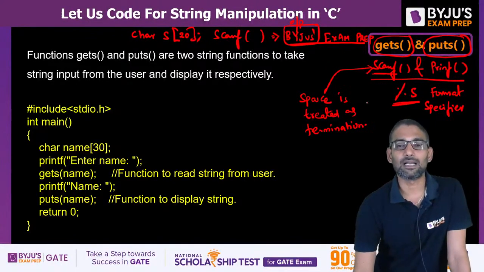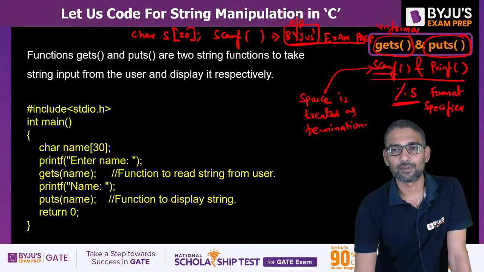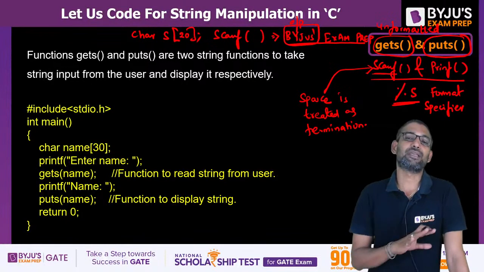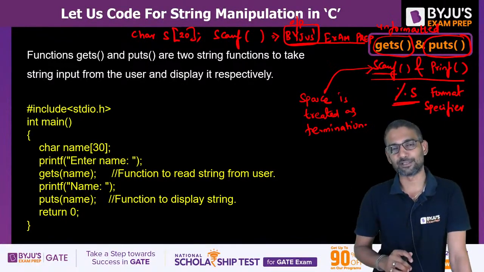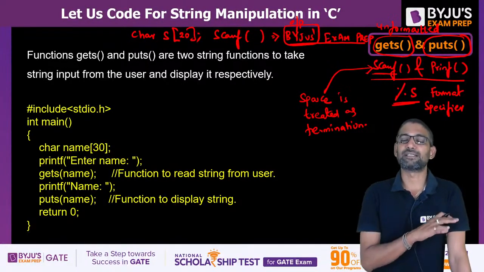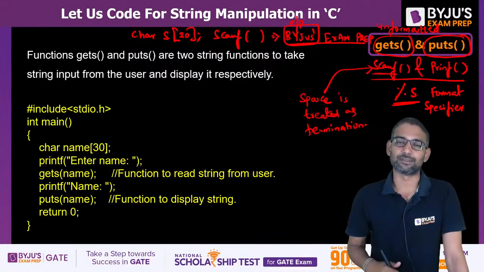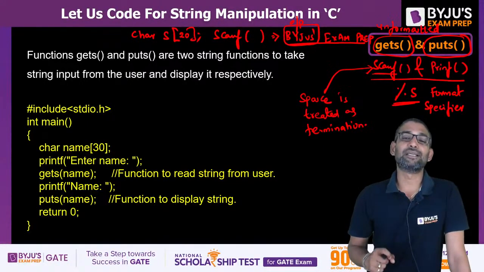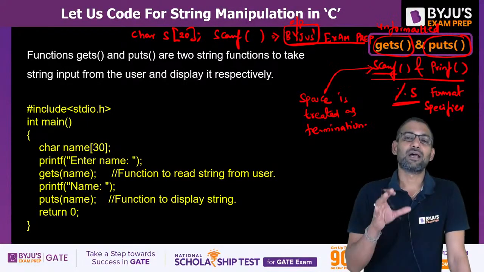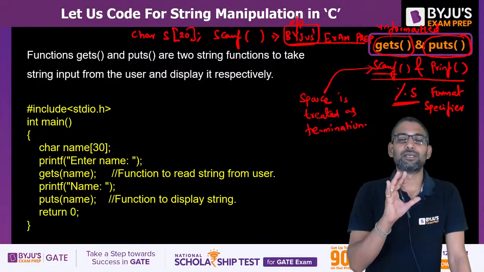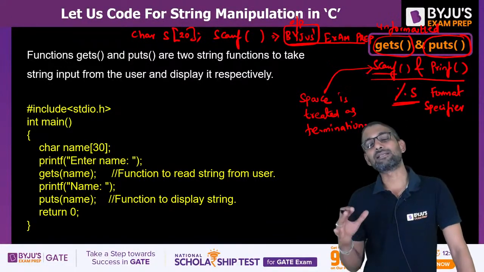These are unformatted I/O functions, meaning there is no need to specify any format specifier. Like %s, you need not give it here. And it is unformatted, meaning the output is displayed in the same way as you entered the input.